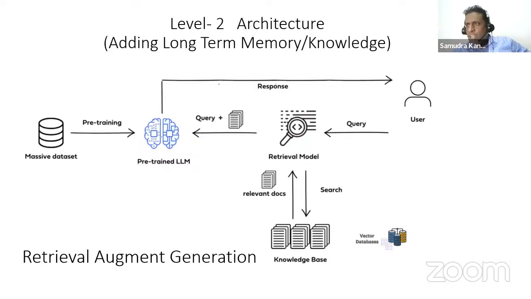For that, you have a concept called retrieval models, where you plug in some kind of storage mechanism. One of the common use cases today is the use of vector databases. If you want to store your long-term memory, you convert your unstructured content into an embedding, which is a vectorial formation of your unstructured content.